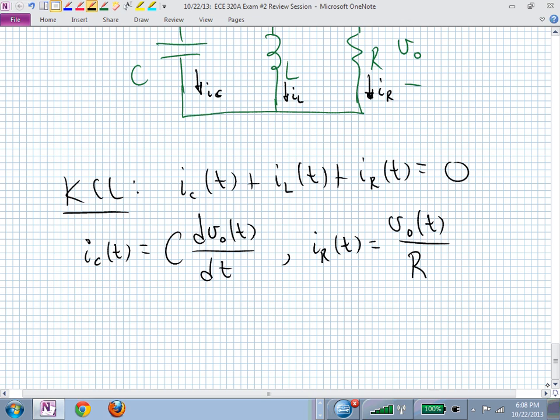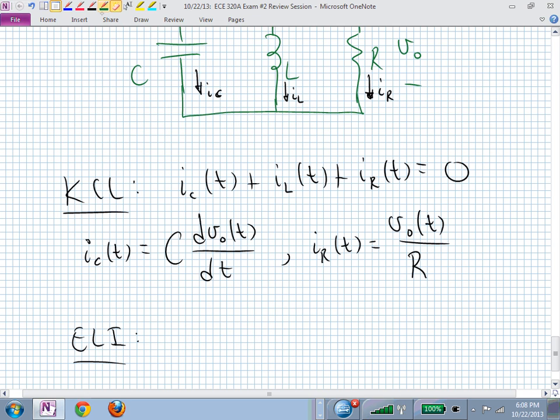Which, if I just ask you to find the governing differential equations, you're almost there. You could say, wait a minute, I have an inductor, so let me use Eli. And Eli says that I sub L of t is equal to, no, let me do that.